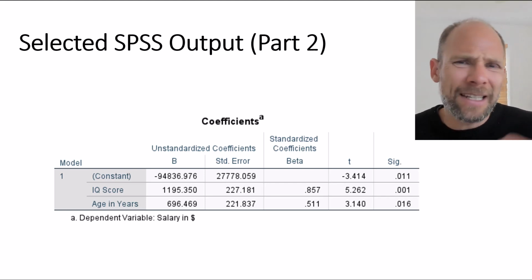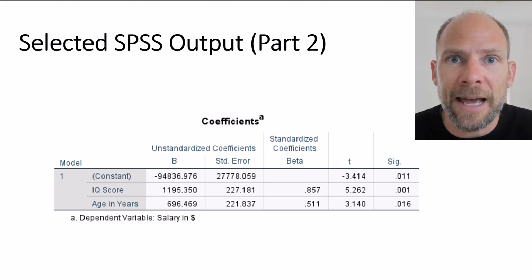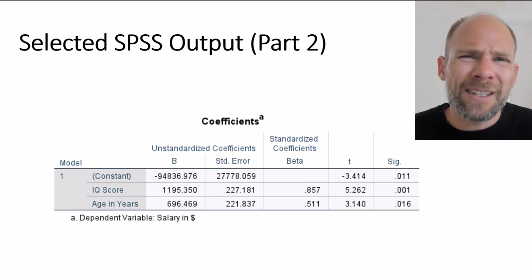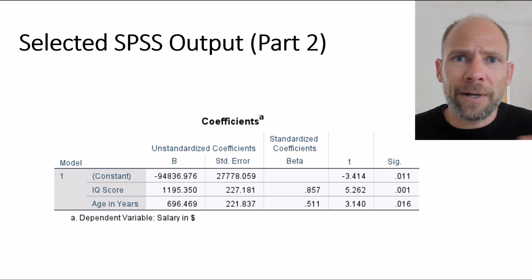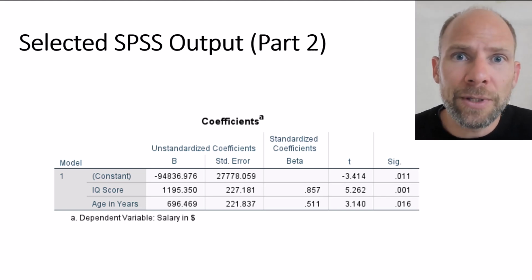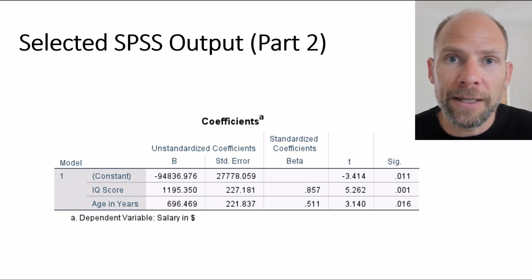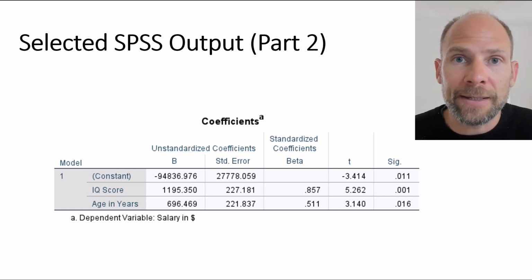Now that's not as easily interpreted in this case as are the unstandardized coefficients, because the standard deviation units here with regard to salary are not as intuitive as are the dollar units. So in this case, I would say probably the unstandardized coefficients are easier to interpret than the standardized coefficients.